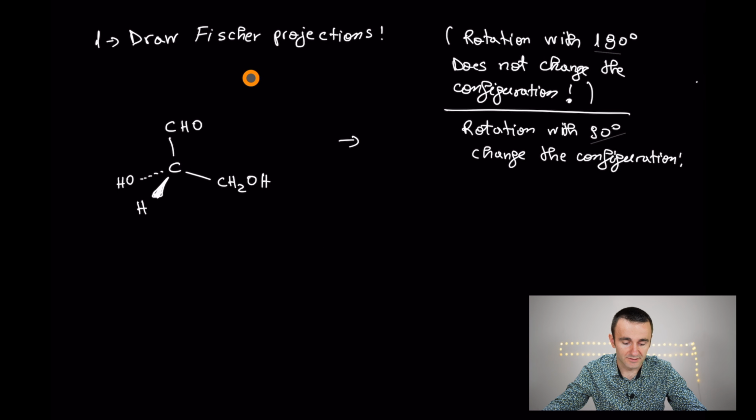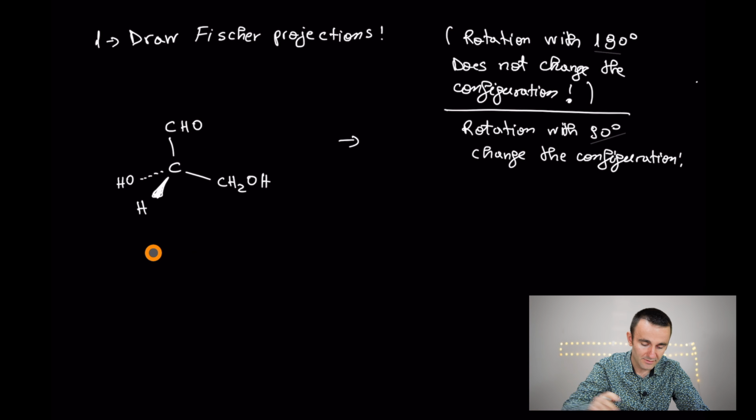Draw the Fischer projection. In order to not make any mistake, you have to find the configuration for this compound as given. If you remember, I did a video about these configurations, but here we are going to focus on carbohydrates, and this is just an example to remember. So we have to arrange those groups from the highest priority to the lowest priority.